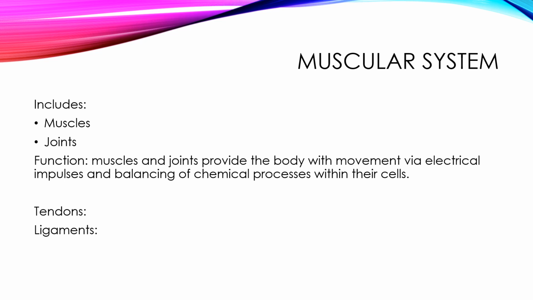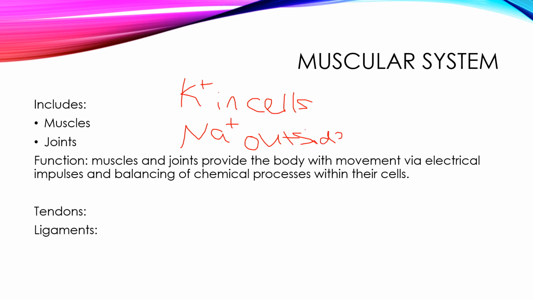You always have potassium in the cell, so your chemical abbreviation K+ is in the cell, which we'll talk more about in patho as well. And then Na, which is sodium, is usually outside the cells. You have to have a balance inside and outside for sodium and potassium. I apologize for this atrocious handwriting. My goodness.